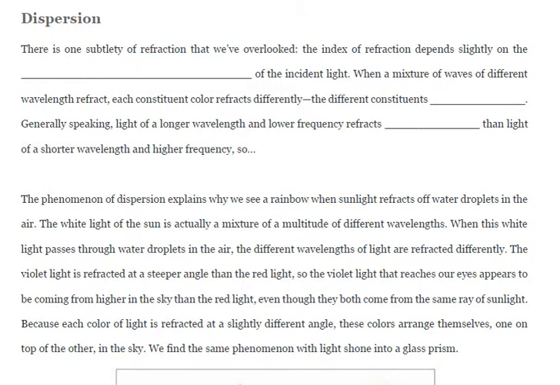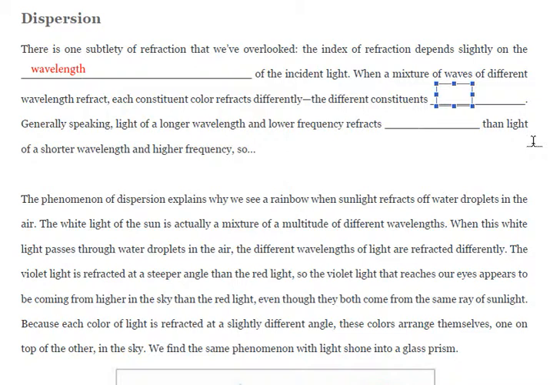So for dispersion, there's one little thing about the way light behaves when it's refracted that we haven't considered so far, and that's that the index of refraction depends a little bit on the wavelength of the incident light. So if you have a mixture of a whole bunch of different wavelengths, and they're refracting, then each color, or each different wavelength, is going to refract a little bit differently.